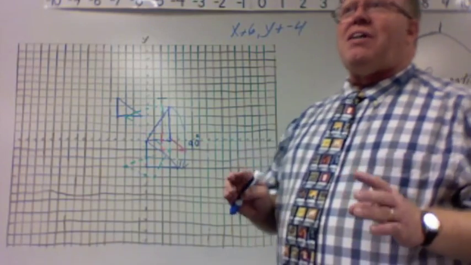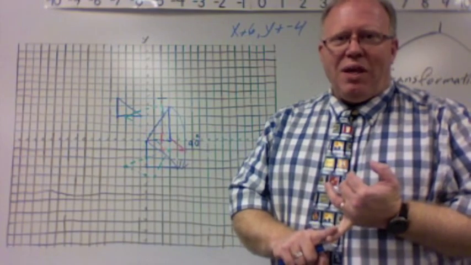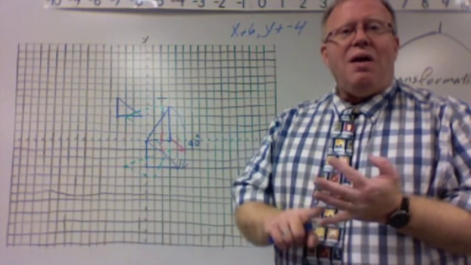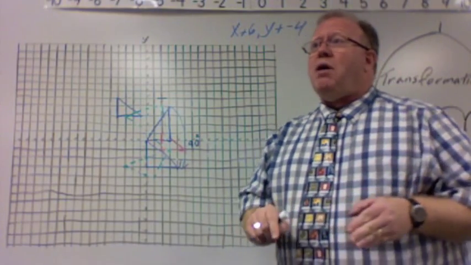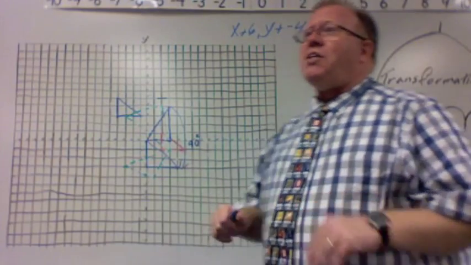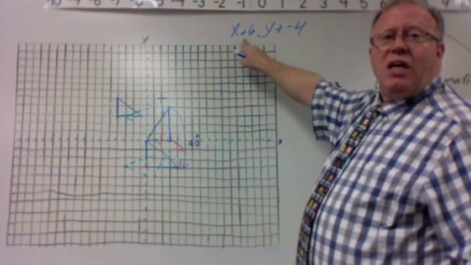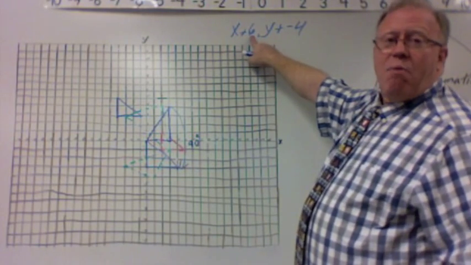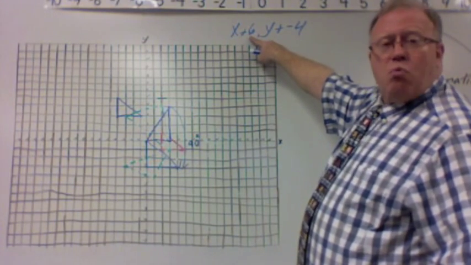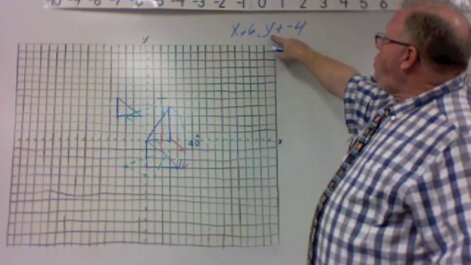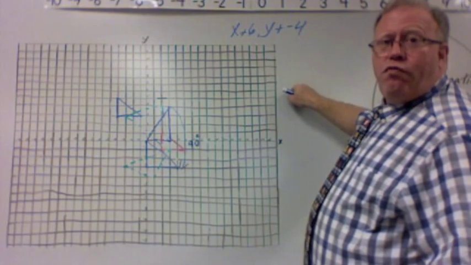Okay, so for a slide, our y coordinates are going to be the opposite of what they are first goal. The x coordinates are going to stay the same. Not a problem. Okay? Our translations, when we have our equation or our expression, we are looking at this and saying, okay, this is telling me I'm going to move 6 on the x-axis, so 6 to the right, and I'm going to go on the y-axis down 4.